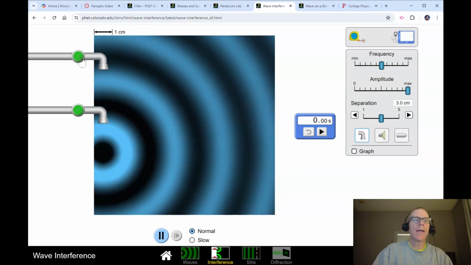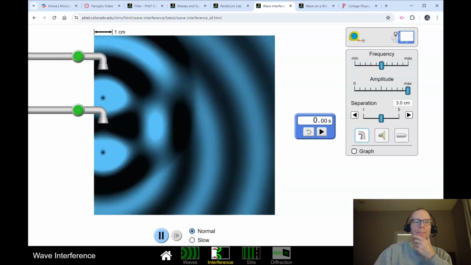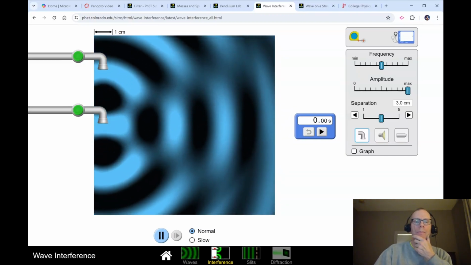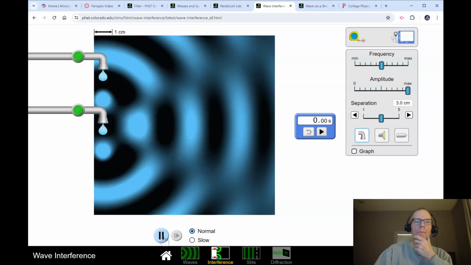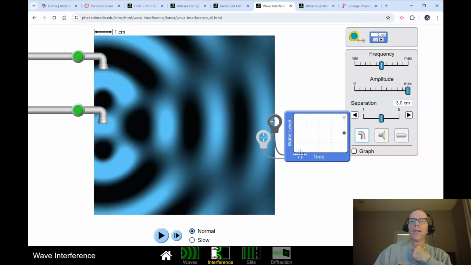So now we're going to add another drop and see what happens. So remember, we've got the blue representing the peaks and the darkest dark representing the troughs. So we can add one other thing here, and that is this little water level meter.